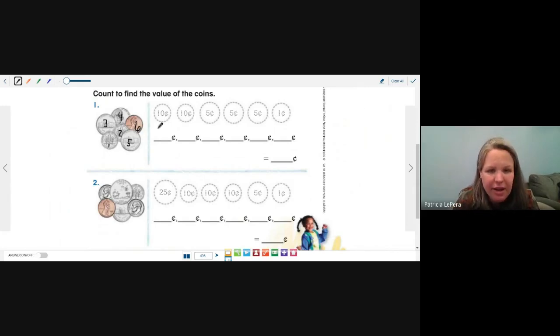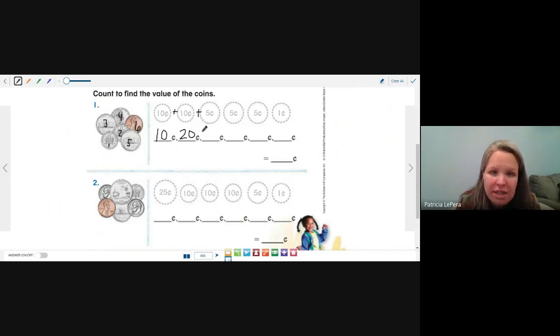All right, so let's go ahead and add these up. So my 2 dimes, 10, it's like you have a plus sign here, 10 plus 10 is 20 cents, plus 5 more cents. So remember, every time we change coins, we're also changing what we're skip counting by. So this time we're skip counting by 5.